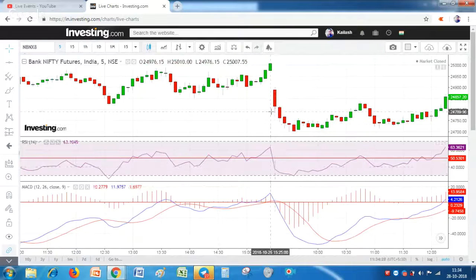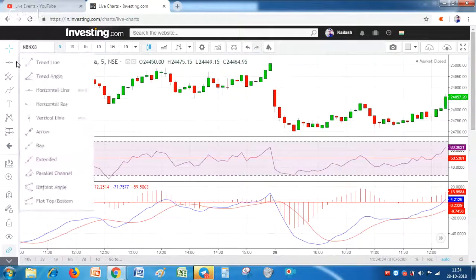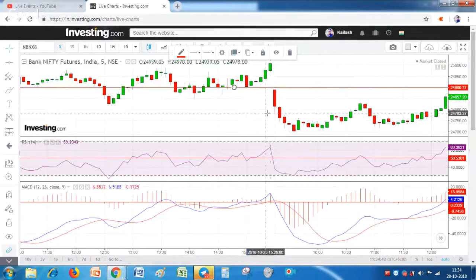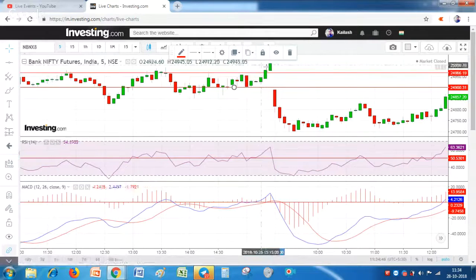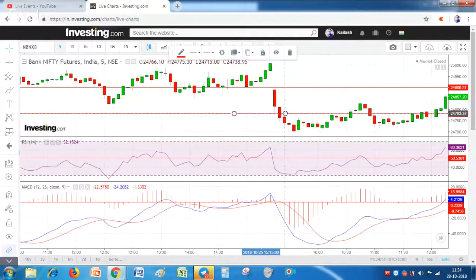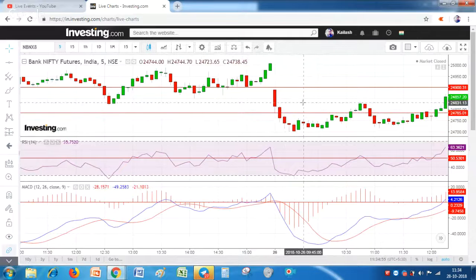So we would have gone short only after the completion of the first candle. So let me mark the first candle level. I will mark its high and low, and the level where we should keep our stop loss. We should go short in the second candle after the first candle closed.